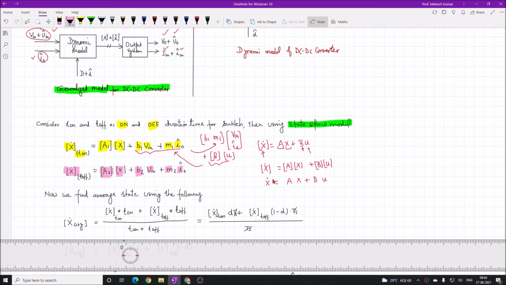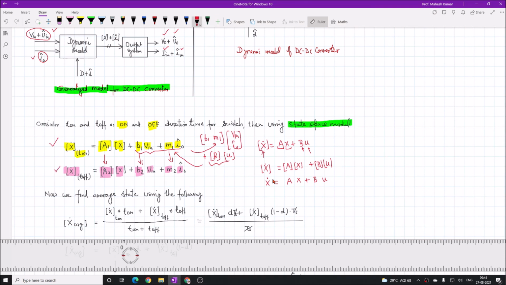So this time the coefficients have changed. Now A1 has become A2, B1 has become B2, and M1 has become M2 because the condition of the circuit has changed. So the system matrix and input matrix will be different. So this is x dot on, this is x dot off.